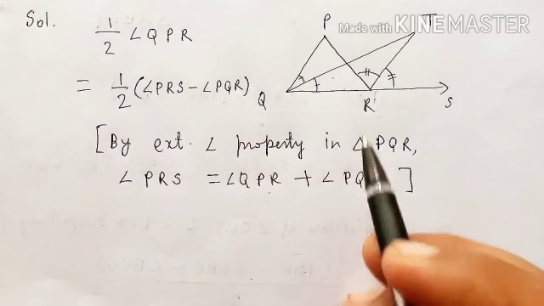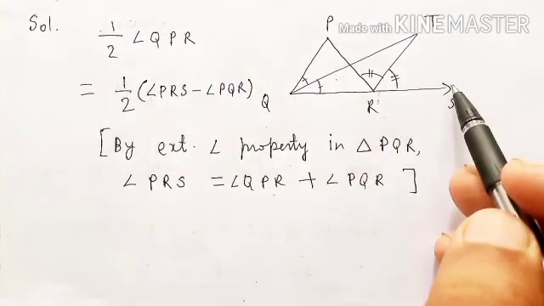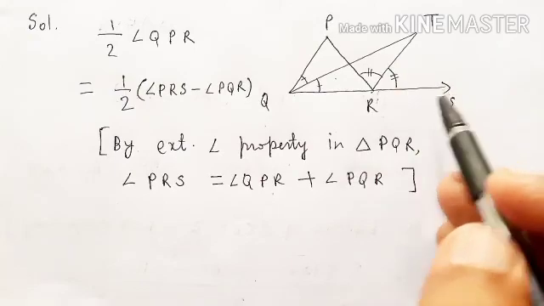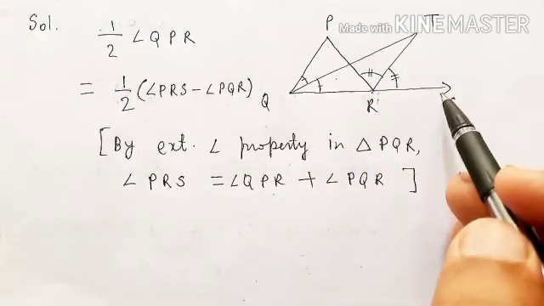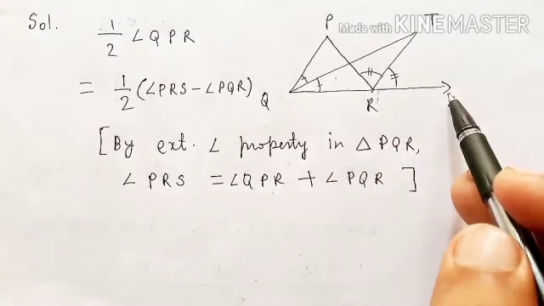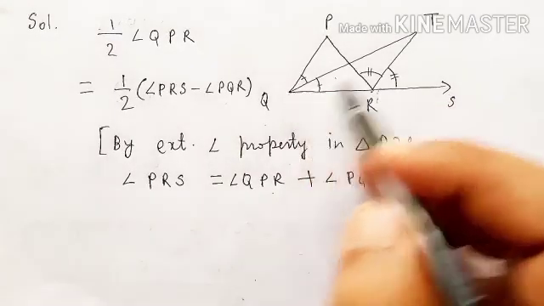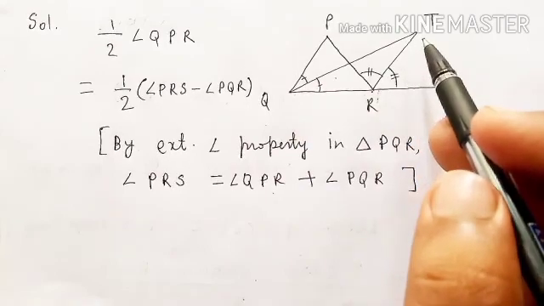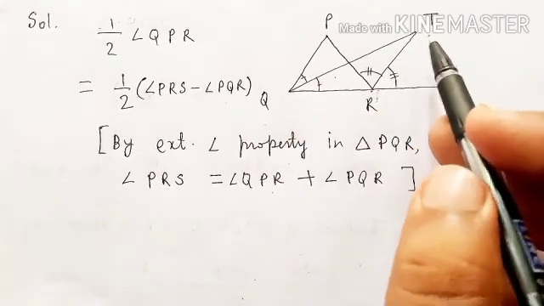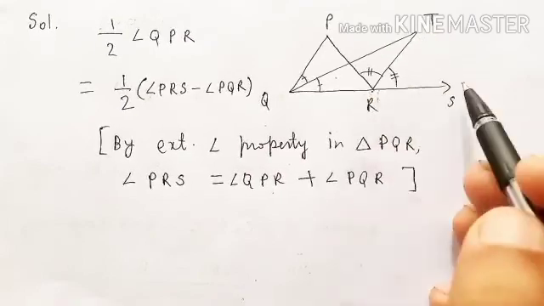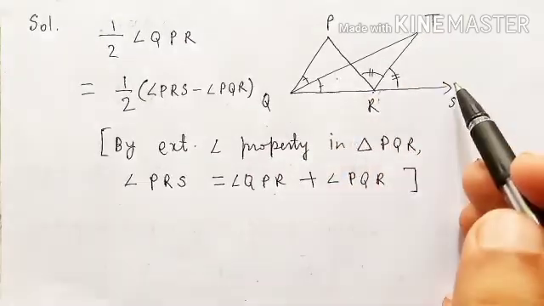Now angle PRS can be written as 2 angle TRS and angle PQR can be written as 2 angle TQR, because it is given that QT and RT are bisectors. But why do I prefer angle TRS and angle TQR?